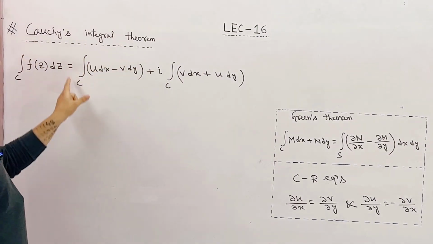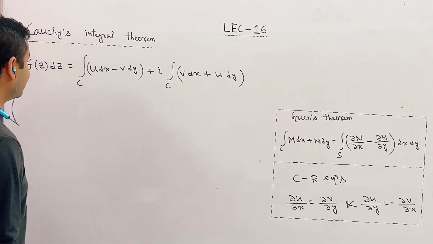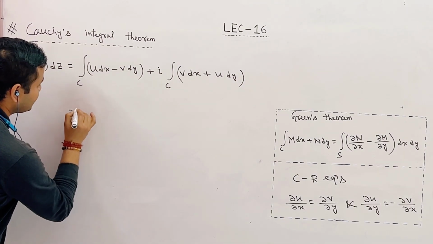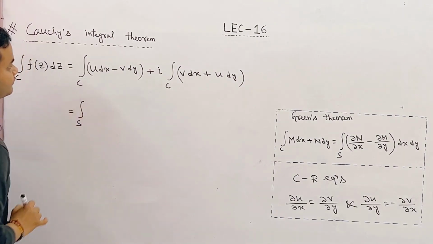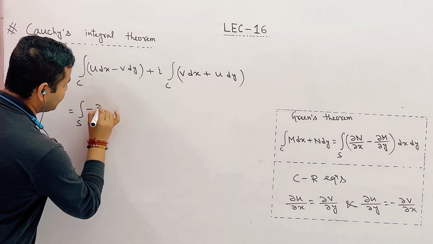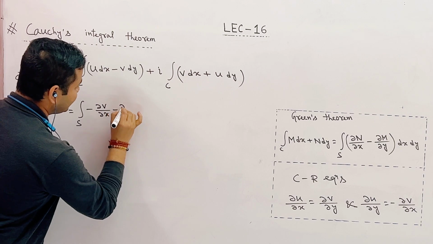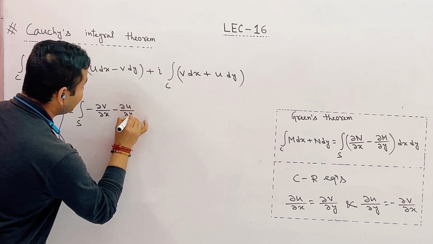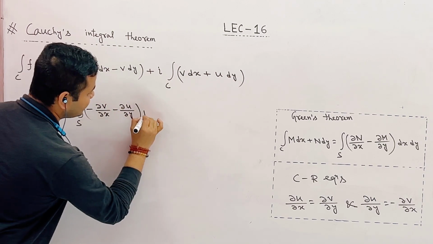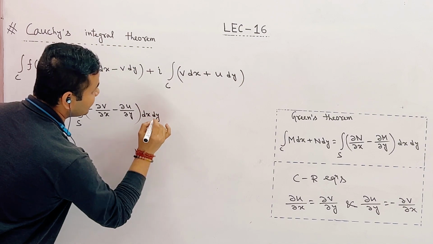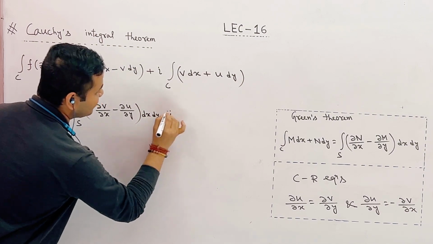So after applying Green's theorem for this integral, we will get surface integration of minus del v by del x minus del u by del y into dx dy plus iota.